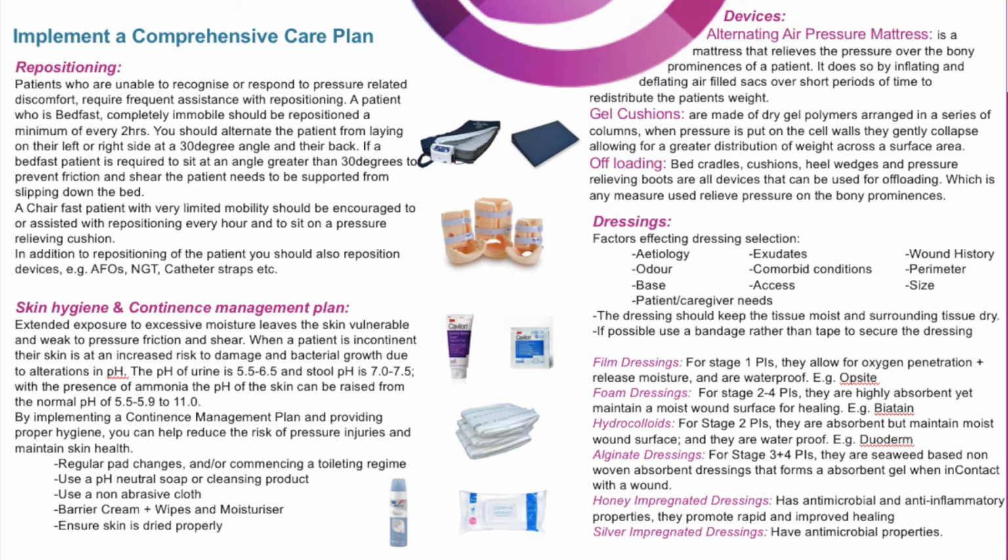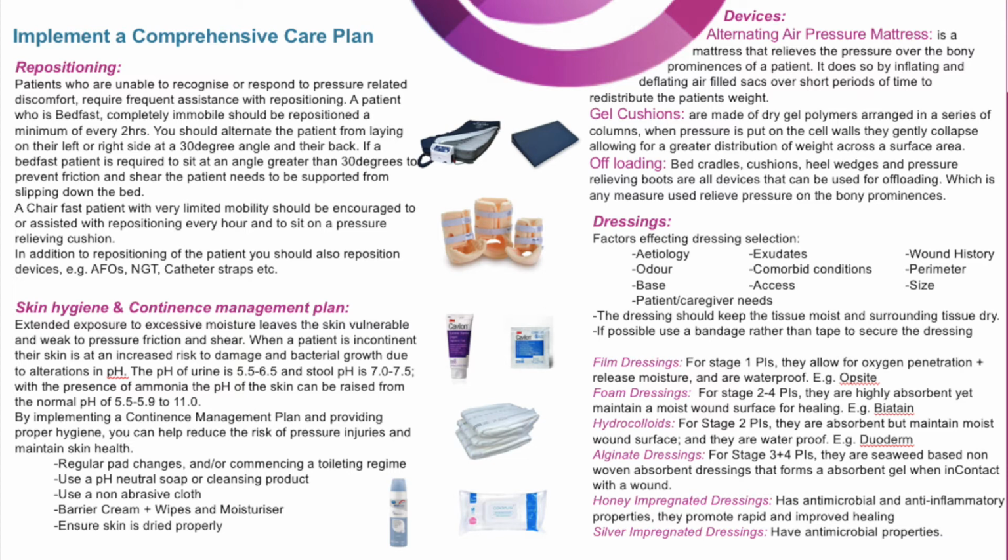Intervention 2, skin hygiene and continence management plan. Extended exposure to excessive moisture leaves the skin vulnerable and weak to pressure, friction, and shear. When a patient is incontinent, their skin is at an increased risk of damage and bacterial growth due to alterations in pH.